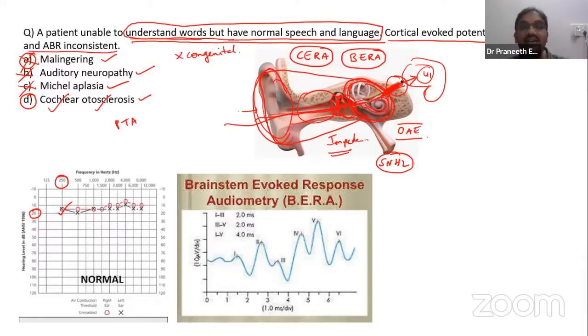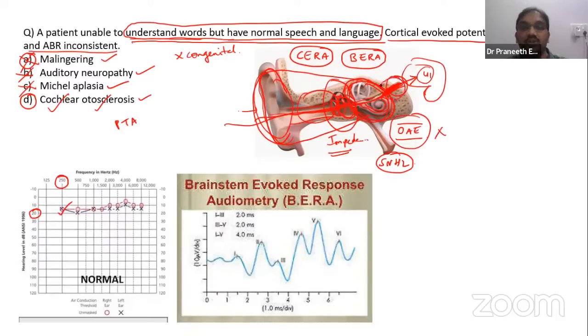The criteria for getting a normal BERA is that first you should check the pinna for any external defects, the auditory canal with an otoscope, and the tympanic membrane with an otoscope. Confirm that all these are normal. Then do impedance audiometry, which tells you the middle ear is normal. Then do otoacoustic emissions. These should be normal if the cochlea is normal. If the cochlea is abnormal, then otoacoustic emissions are also not emitted.